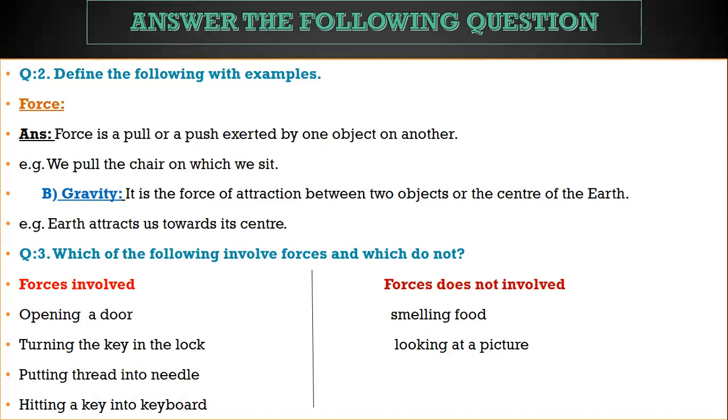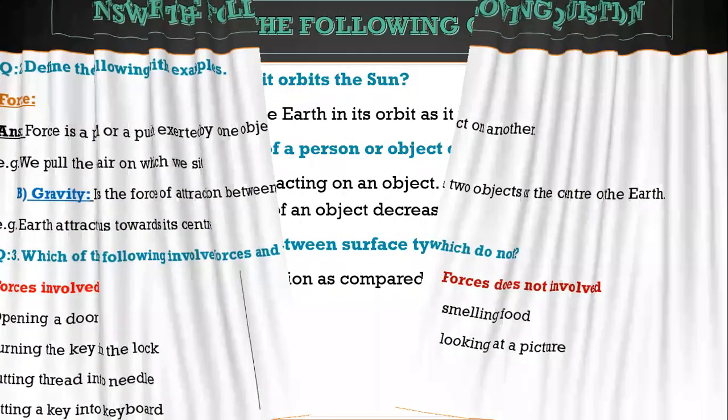So you write the definition of force and also gravity, and you give examples with them. Question number 3 is which of the following involves force and which do not. I make two columns for you and we separate the objects in which force is involved and in which force is not involved.